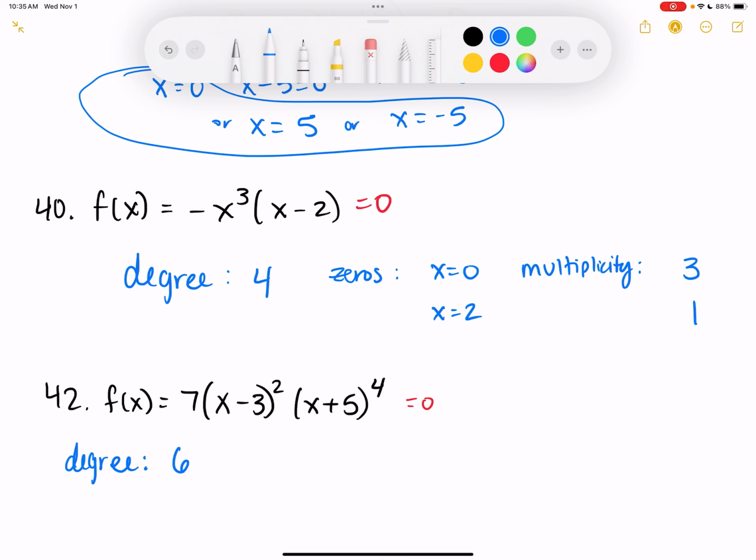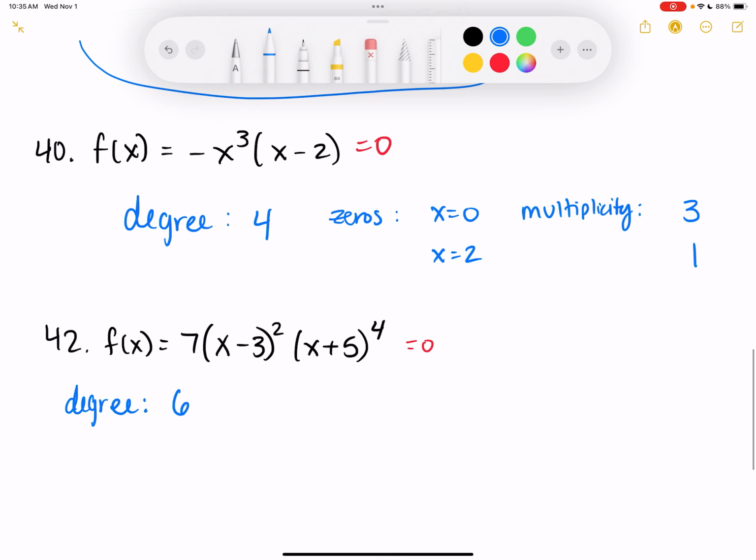There's no way I can get anything more than that. And then over here, the most I can get is x to the 4th. And then when you multiply that all together, you get that. Just don't get confused and be like, well, it's just x to the 4th plus 5 to the 4th. Like, no. Don't go back to that math. Not accurate math. I still have people do that. Not y'all, but people do that still. I'm like, no, that's not math. Anyways. So yeah, so this is a degree 6.